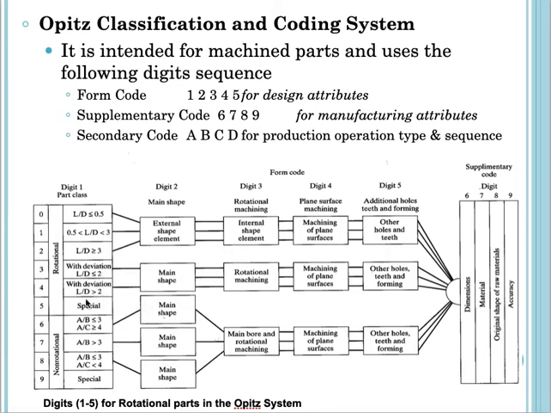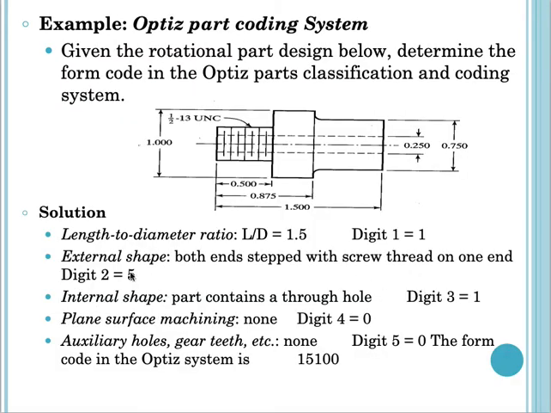Fifth is a special case. The rotational part, and that is a special case of two sides stepped. So the second digit is 5.